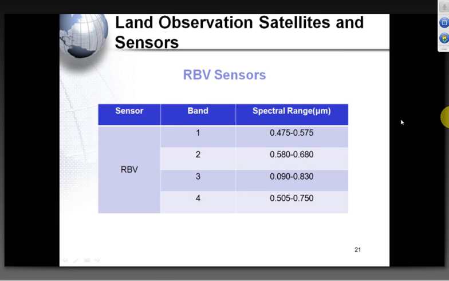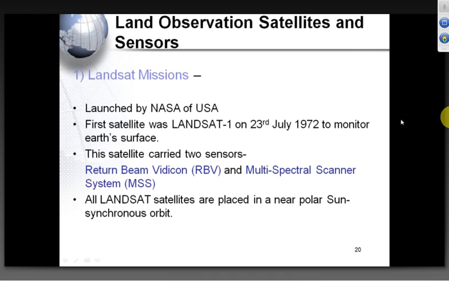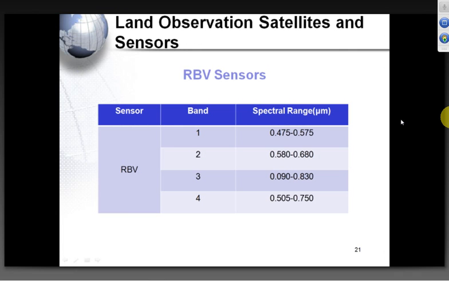These are the sensors under Landsat missions. That is RBV sensors. It is having 4 bands, and the spectral range in micrometers is given for each and every band.